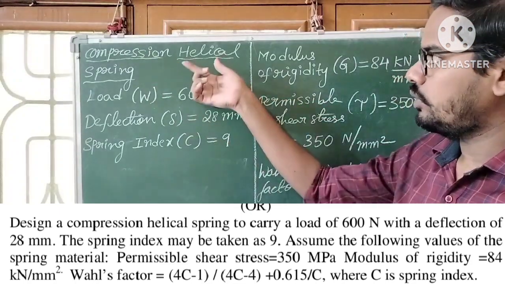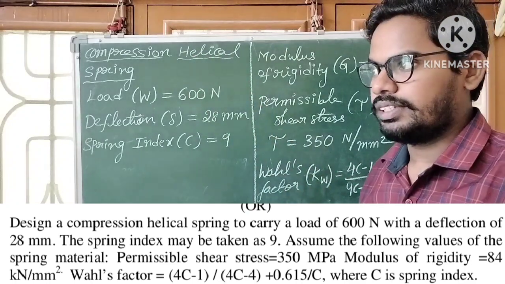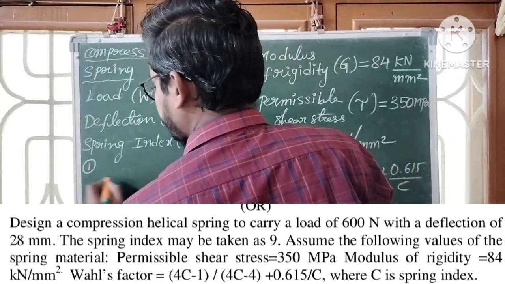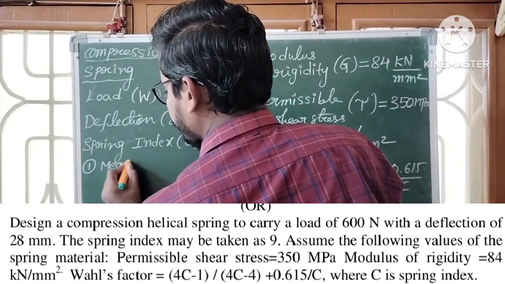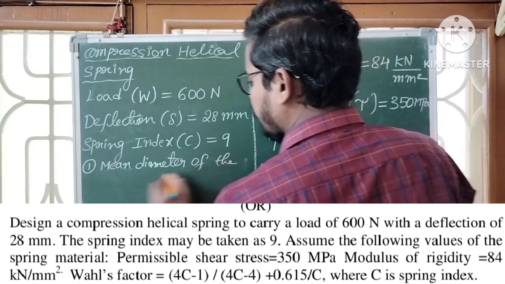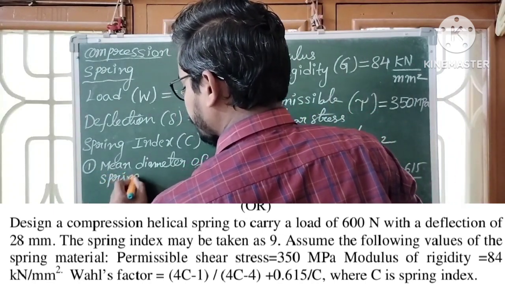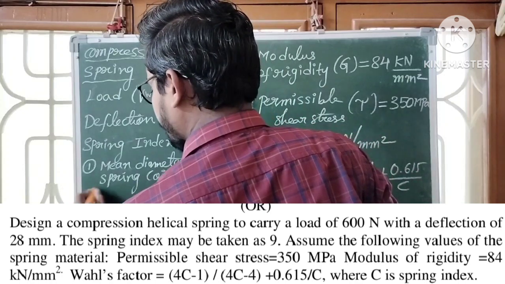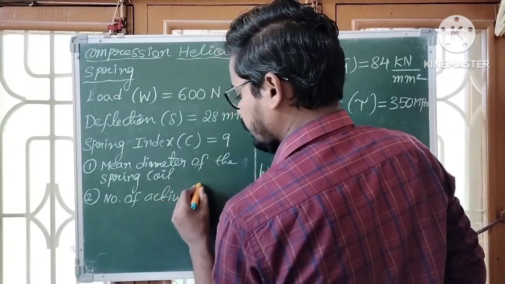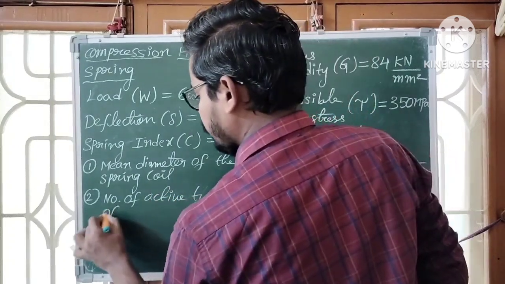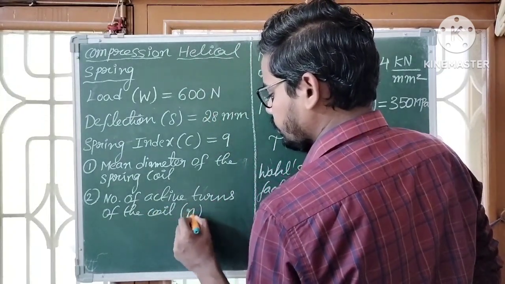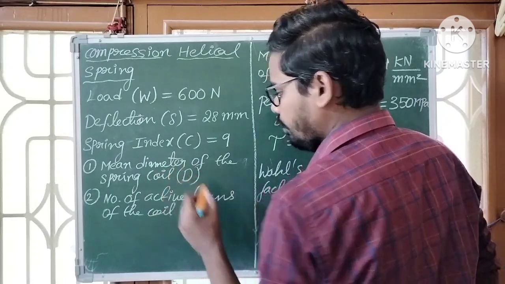Design of a compression helical spring means we have to find 4 parameters. First parameter is the mean diameter of the spring coil, denoted by capital D, and the second parameter is the number of active turns of the coil, denoted by small n.